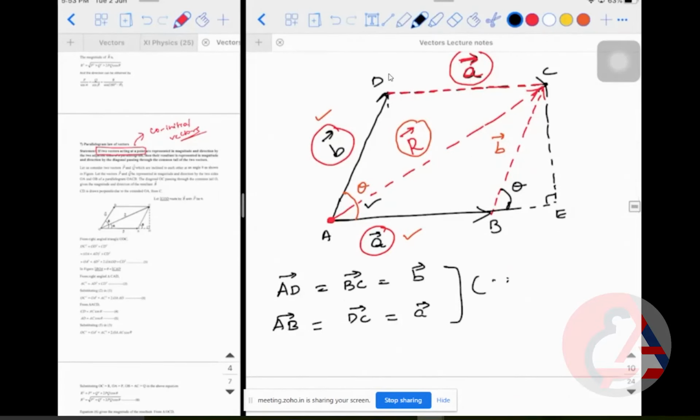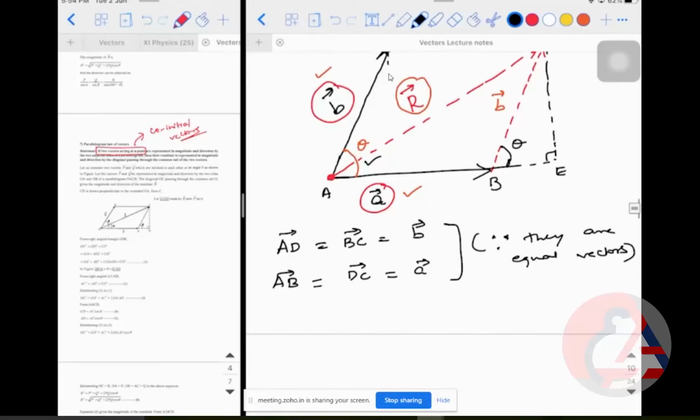Now, what is the magnitude of AD vector?